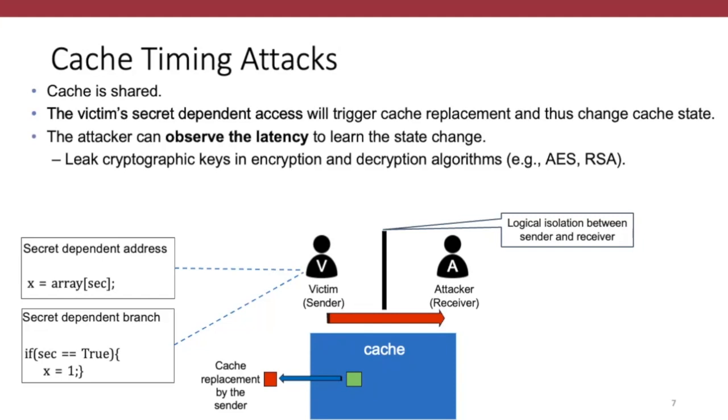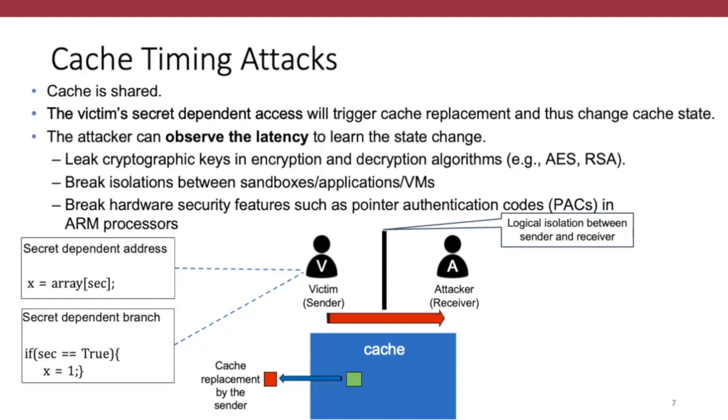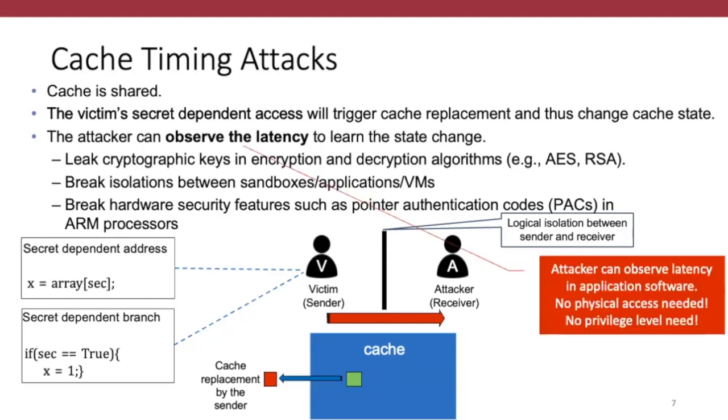Prior research has shown that such side channels can leak cryptographic keys, like secret keys in AES or RSA algorithms. It can also break isolation between sandboxed applications or VMs, and break hardware security features such as pointer authentication code in the latest ARM processors.